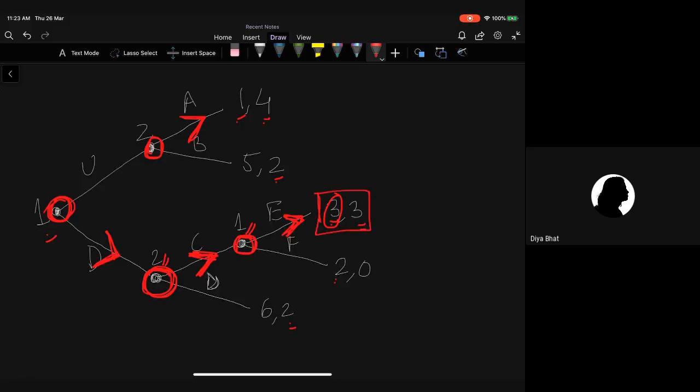But what is the strategy? How would I write down the strategy? So notice one moves twice in this game, in the initial node and in the terminal node. Two also moves twice, in the top node and in the bottom node. So for both players, I have to specify the full plan of action, meaning I have to specify actions for both nodes for player one, and for the top and the bottom nodes for player two. So what is the equilibrium strategy here?